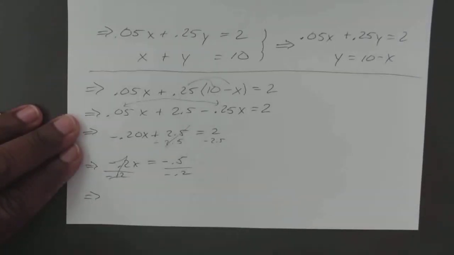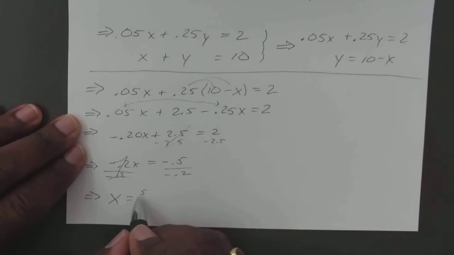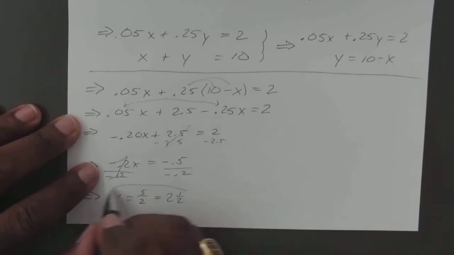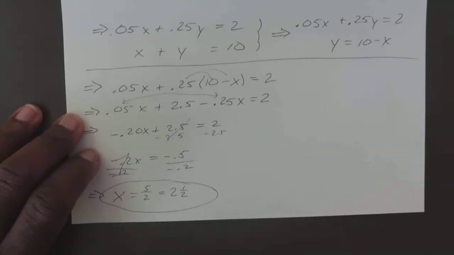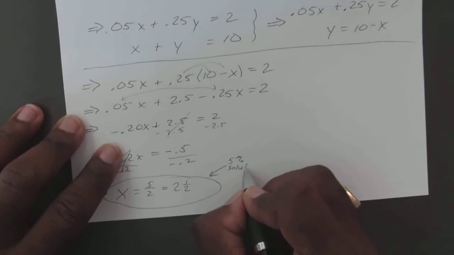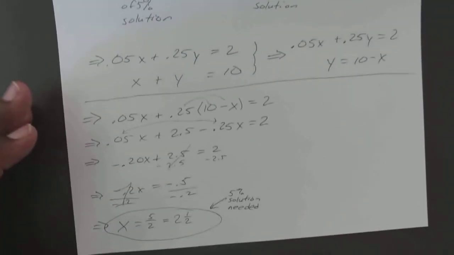Anything divided by itself is just 1. So we end up with x equals, negative divided by negative is positive, 0.5 divided by 0.2, which is 5 over 2, which is 2.5. So you need 2.5 liters of the 5% solution. Now we can find out how much we'll need of the 25% solution.